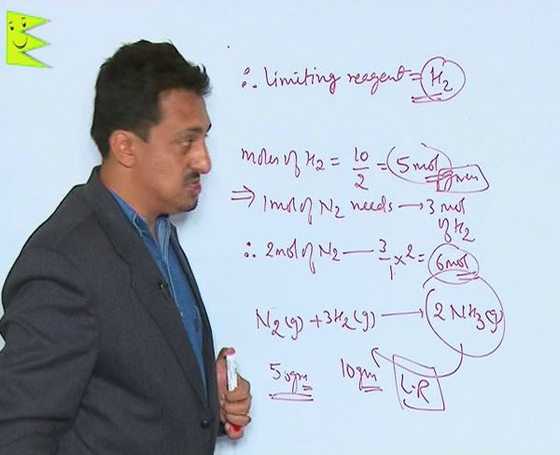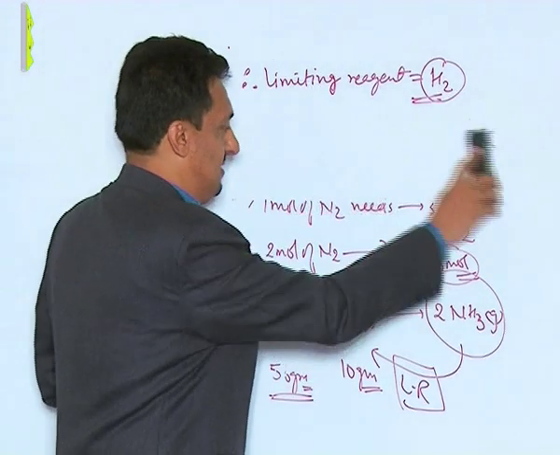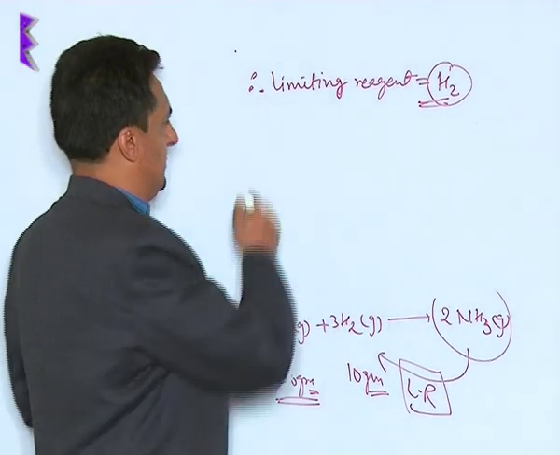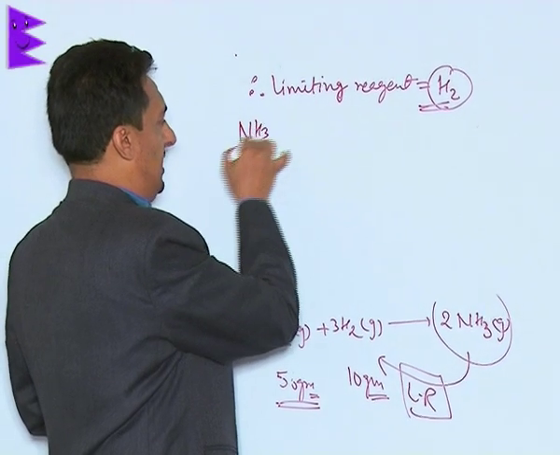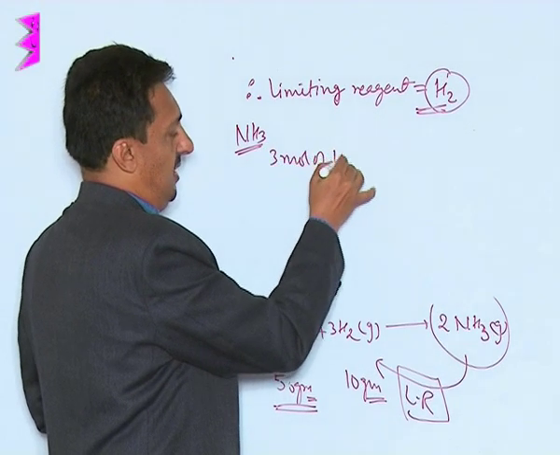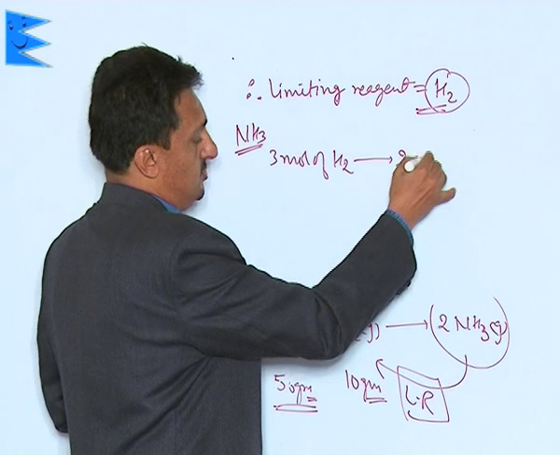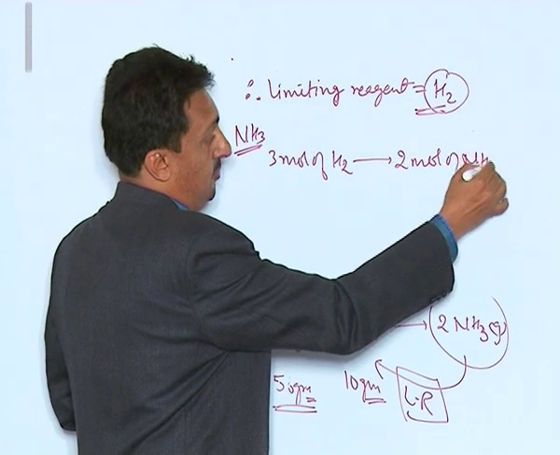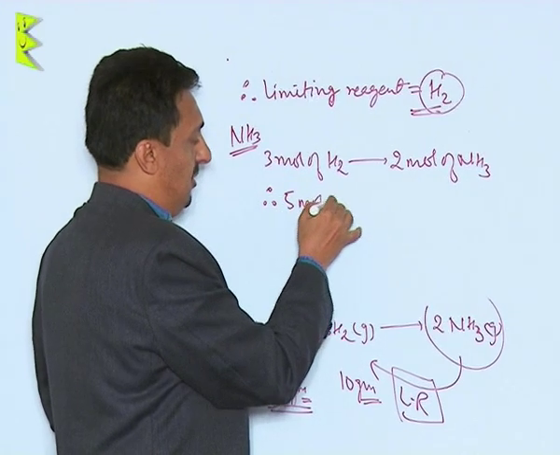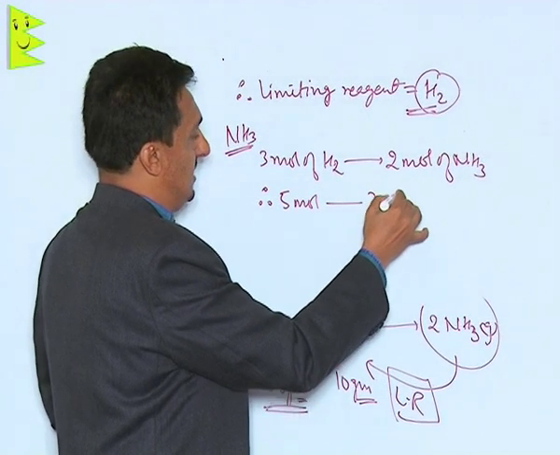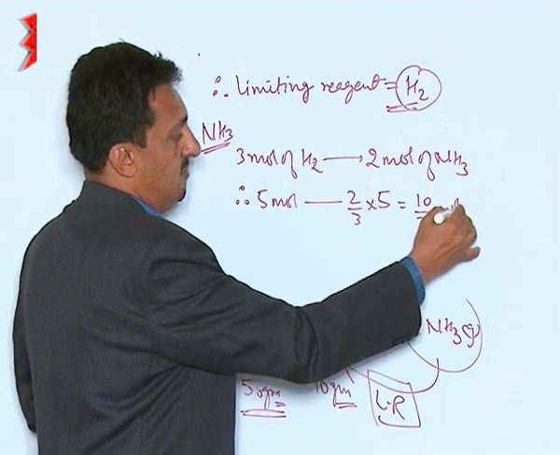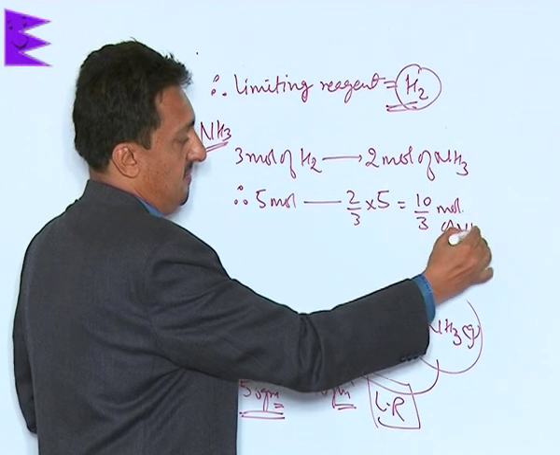So how much ammonia is obtained? We will calculate it from the hydrogen. Now, how much ammonia do we have to find out? Say 3 moles of hydrogen gives 2 moles of ammonia. So therefore, 5 moles will give 2 by 3 into 5. It's 10 by 3 moles of ammonia.